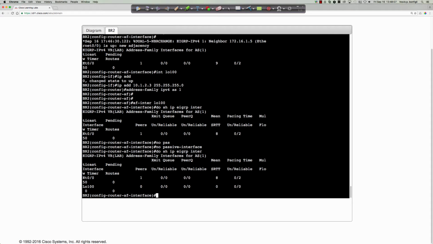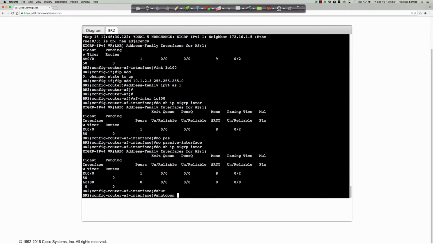When you passive an interface, it's not sending the hellos on the interface, but it is advertising the interface. If I wanted to make sure that EIGRP was not running at all and it was not being advertised, I can simply say shutdown.